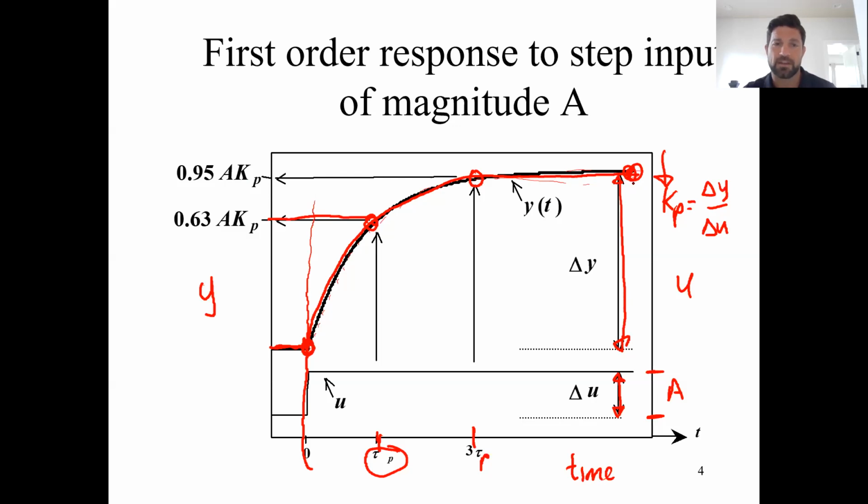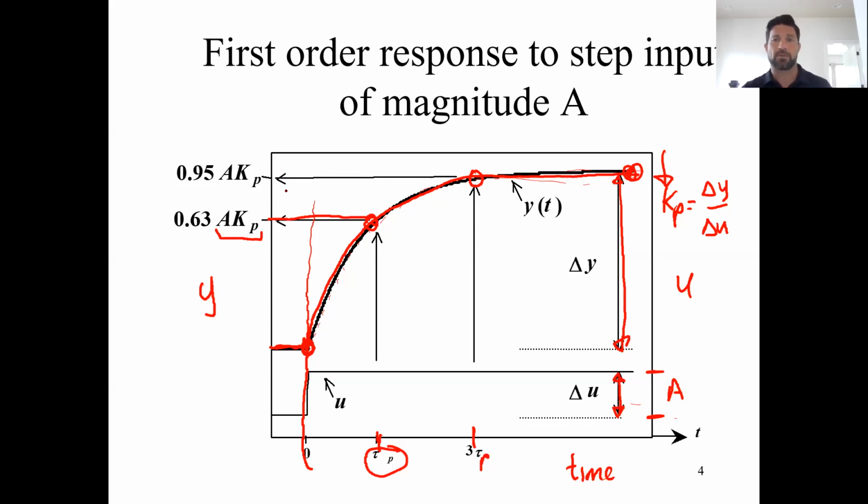That total change is the gain times a, so Kp times a is essentially delta y, which is the gain times delta u. So 63% of that total change shows up at 1 tau, and at 3 tau, we're going to be at 95% of it.